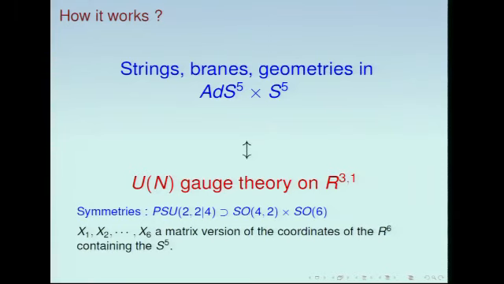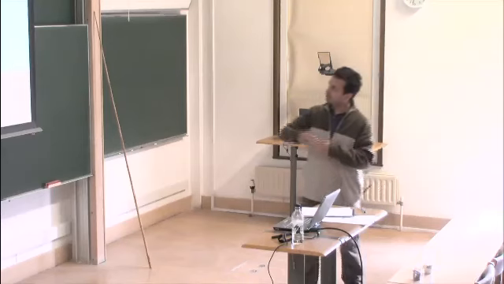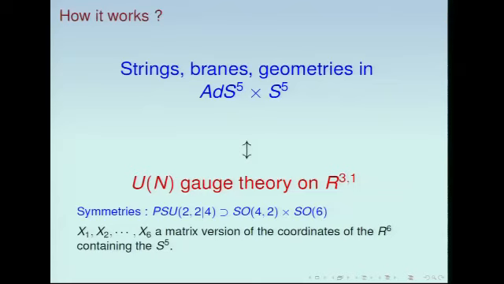You have the strings, the excitations, the gravitons, you have branes, and if you have many of them, they can back react and change the geometry while leaving the asymptotics the same. So you have geometries, whole deformations of this geometry, and all these things are happening in AdS5 × S5, and all that should emerge somehow from U(N) gauge theory on R^{3,1}.